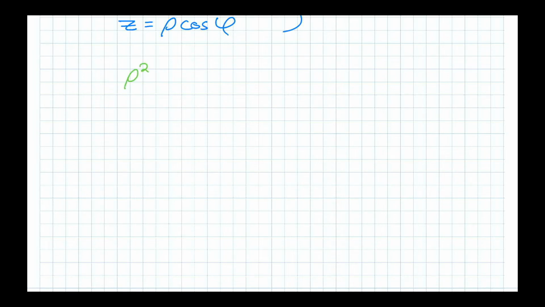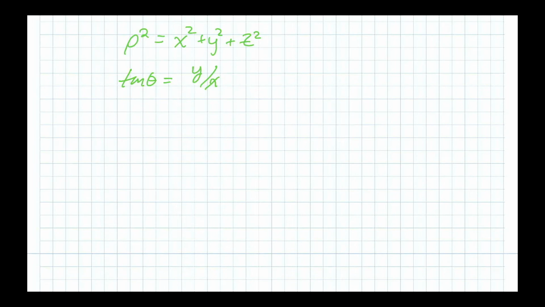Rho squared is equal to x squared plus y squared plus z squared. And tangent theta is equal to y over x. And phi is arc cos of z over the square root of x squared plus y squared plus z squared.